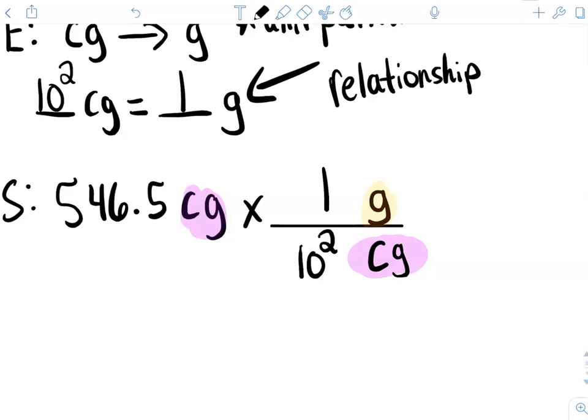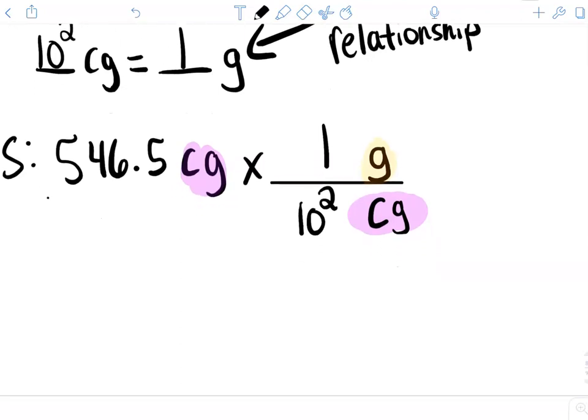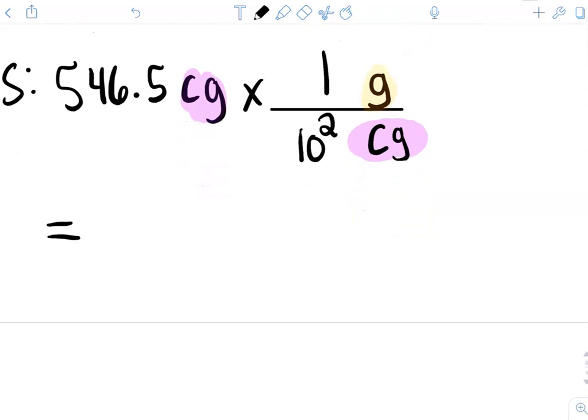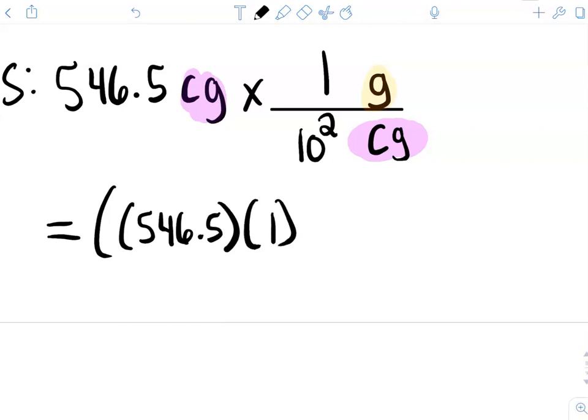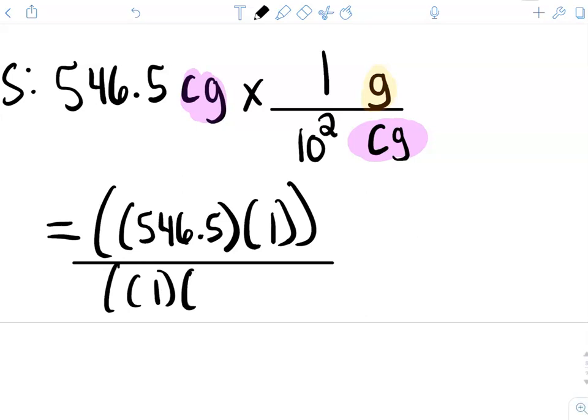Now, one other thing that I want to point out here before we solve is that there's understood to be a 1 underneath this 546.5. We just don't write it, okay? But it's understood to be there. And the reason why I mention that is because whenever you go to solve this, you're going to take your 546.5 and you multiply it by 1 because you're doing everything on the top, divide it by everything on the bottom, which is technically a 1 times this 10 to the second. Okay?